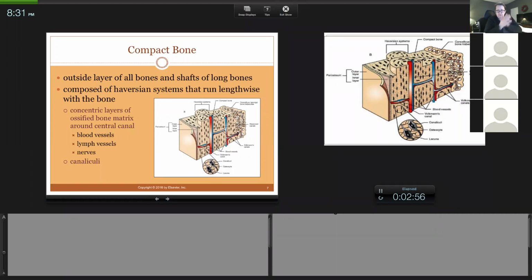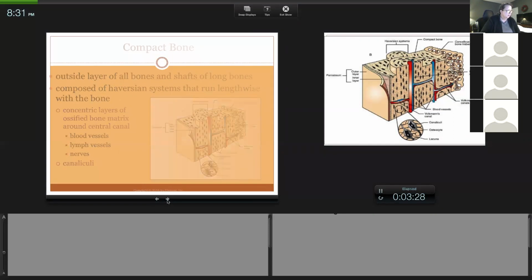Haversian systems or Haversian channels make up that compact bone. Within that compact bone, you will have the blood vessels and the lymph. It's always good to have a study partner, Savannah, so I agree with that. The Haversian canals make up the compact bone and they make up that cortex.